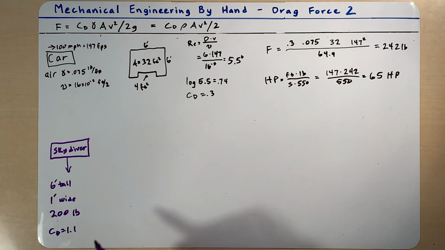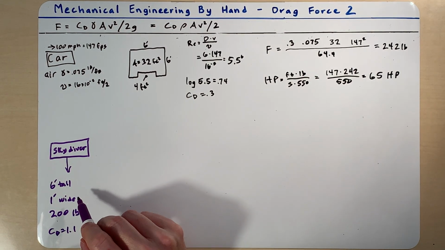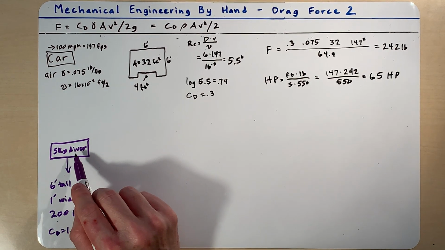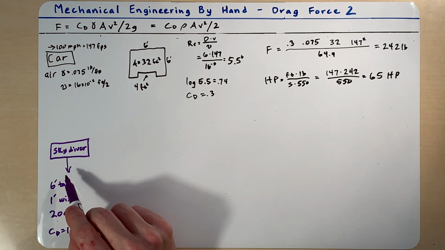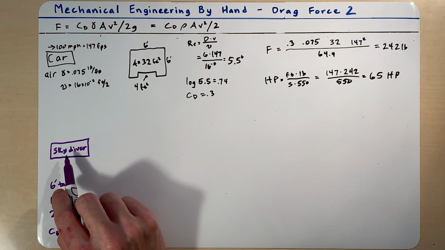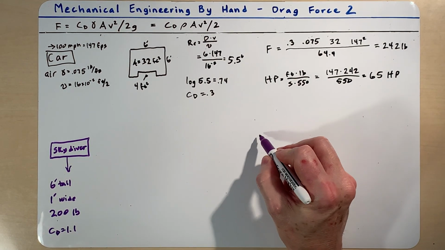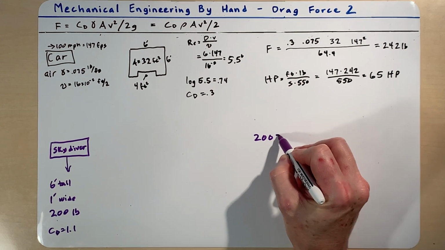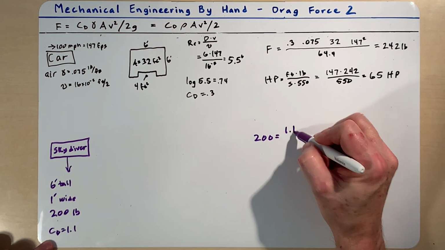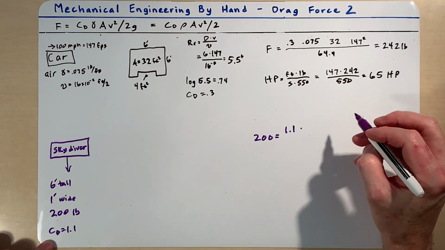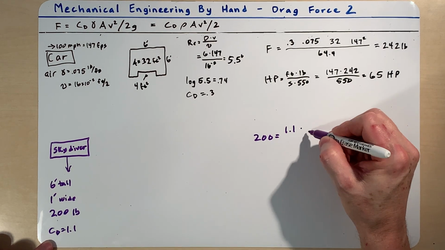Okay, so what we'll do is solve for the velocity. Now this skydiver is falling at their terminal velocity, which is where the drag force equals their weight, and so that drag force is going to be 200 pounds. So 200 equals the drag coefficient times the specific weight of the air, which is 0.075.